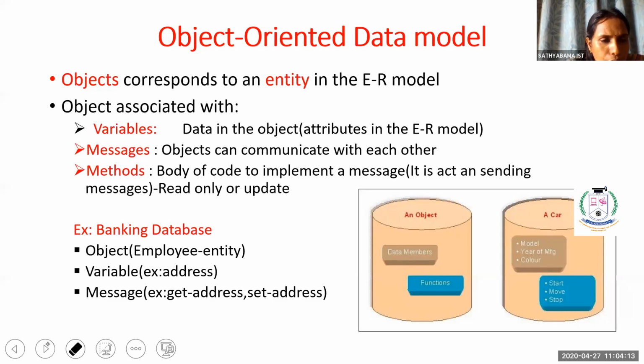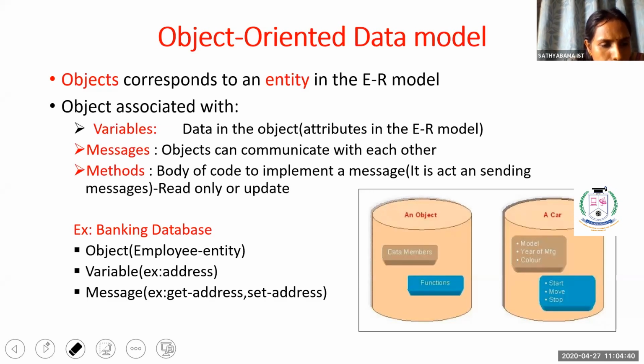Say for example, every object can correspond to the respective entity in your entity relationship model. Whatever object you have, every object will be represented as an entity in your entity relationship model. So we are correlating your object model with your relational model, and later we will combine both.